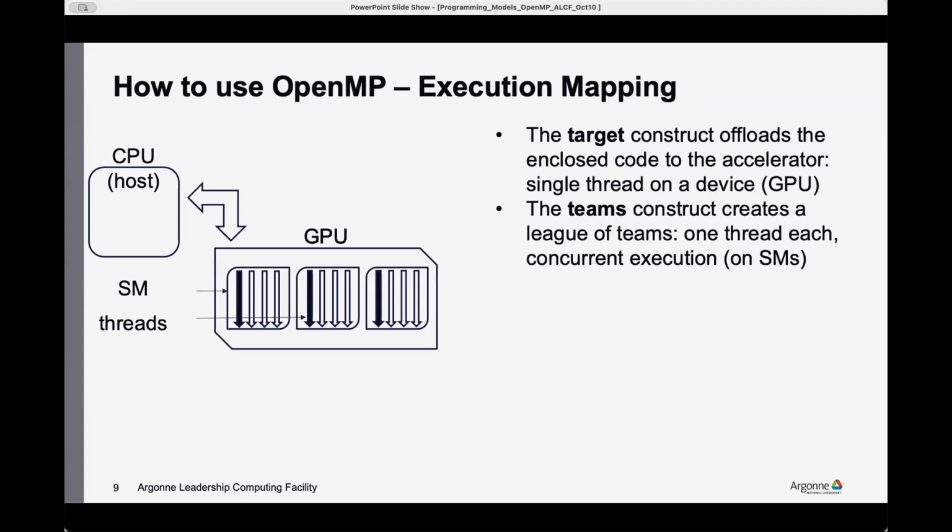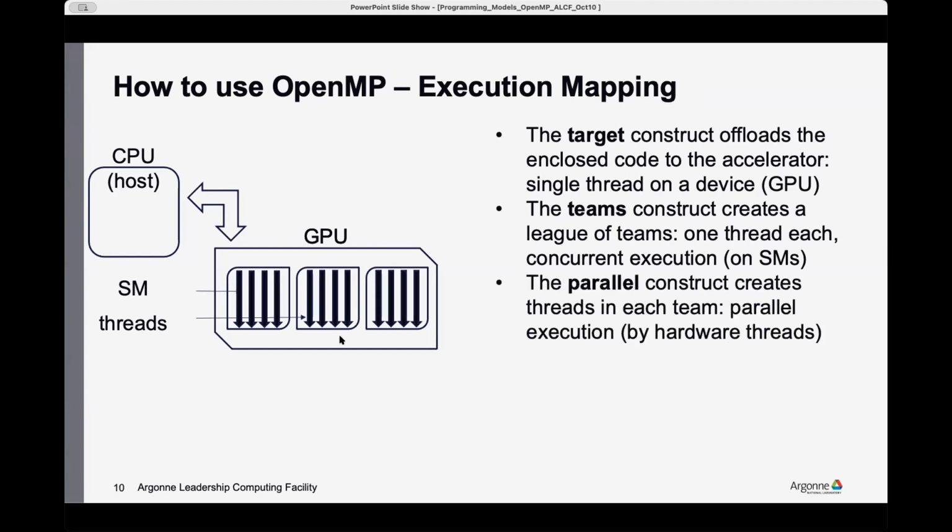So in the tiny picture, there are three teams running on different SMs, each with only one thread in it. Then the parallel construct is what creates the threads in the teams. This is pretty identical to the CPU side, where the parallel construct was what created the thread team. And then this has all the threads running on the different SMs.